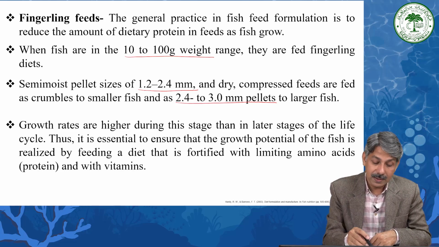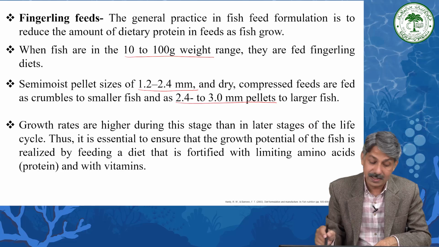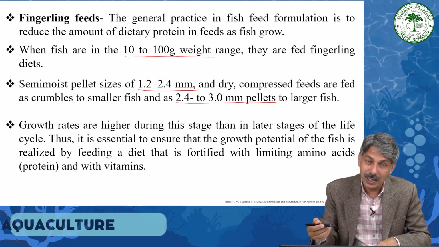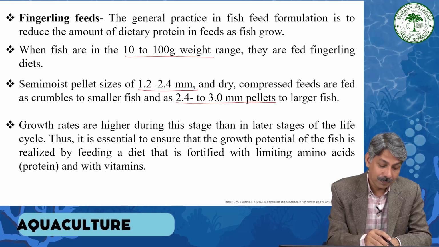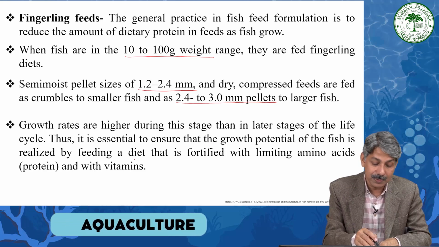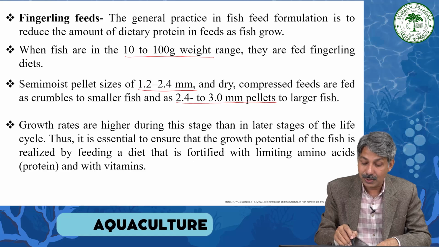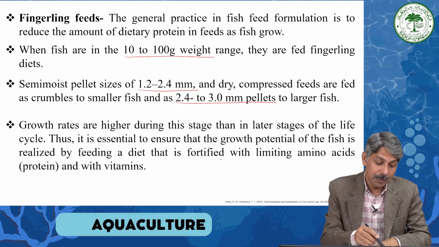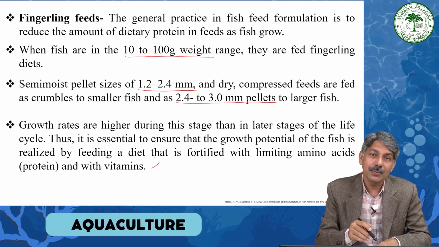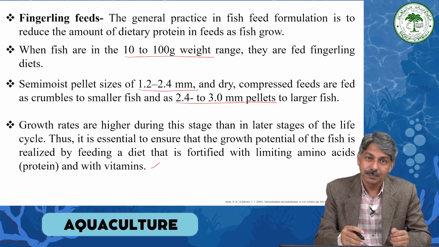Growth rates are higher during this stage than in the later stages of the life cycle. As the fish progresses in age, growth rate slows down. Thus, it is essential to ensure that the growth potential of this fish is realized by feeding a diet that is fortified with limiting amino acids and vitamins. In fact, this is something that we should take care of in all the life stages.